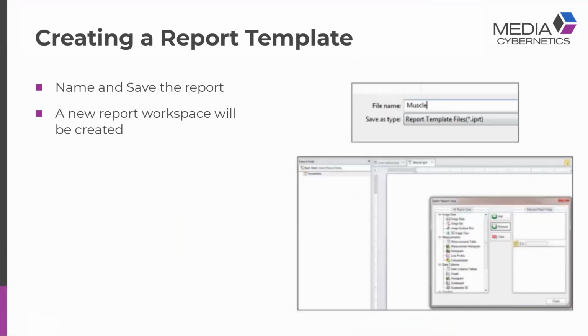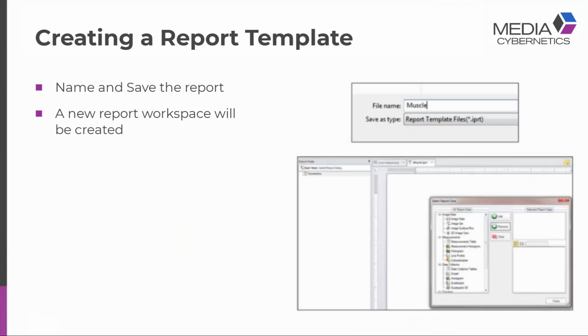Similar to the scripting, it will ask for a file name, whatever you want to call a report, and it will save that as a special format, a report template file, IPRT. What's nice is it's pretty straightforward here about setting up what information you want to bring into the report. Again, I'll go through this live.